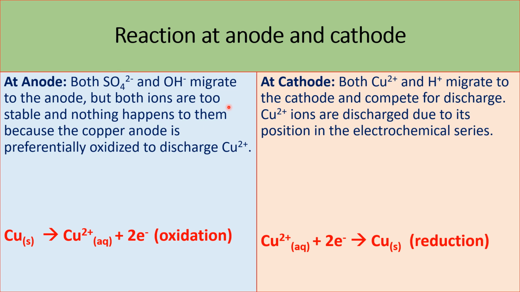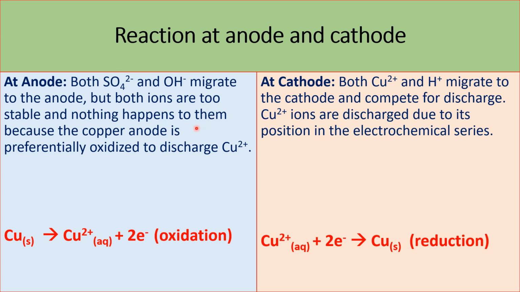Copper 2 tetraoxosulfate 6 solution is the electrolyte. We have copper anode and copper cathode as the electrodes. The presence of copper renders every other ion too stable to be discharged, and that is what happened at the anode.